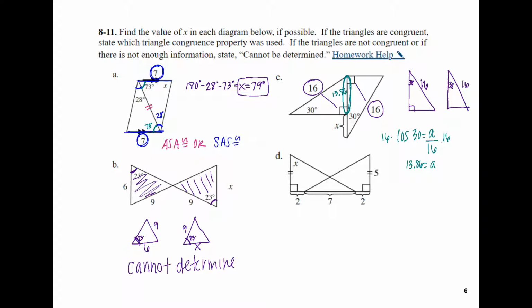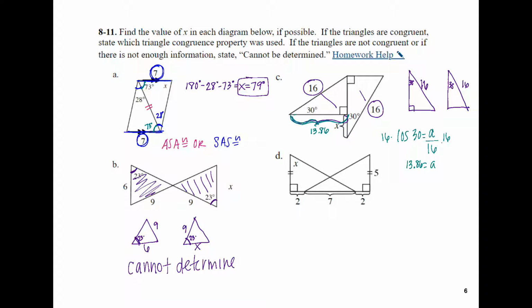We could also find this leg of our triangle using right triangle trig. So when we use the adjacent side, this teal work over here, adjacent is next to, so sorry, we actually found this side length, 13.86.